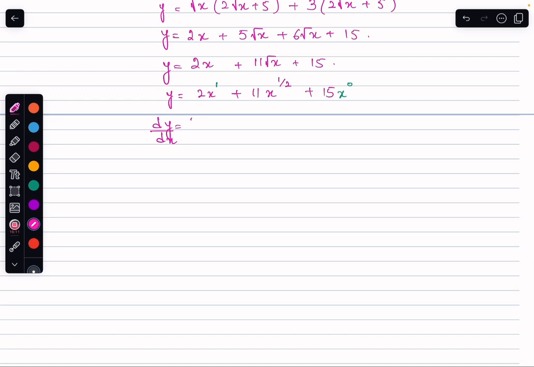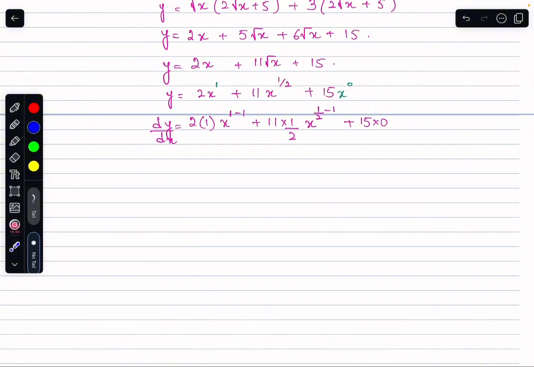So 2x, meaning x has the power 1, so therefore this is 2 times 1, x to the power 1 minus 1. So this becomes x to the power 0. Now over here, this is 11 into 1 by 2, and x to the power 1 by 2 should get reduced by 1, and here it's 15 times 0, the constant in this equation, and as I've said earlier, in differentiation the constant gets eliminated.